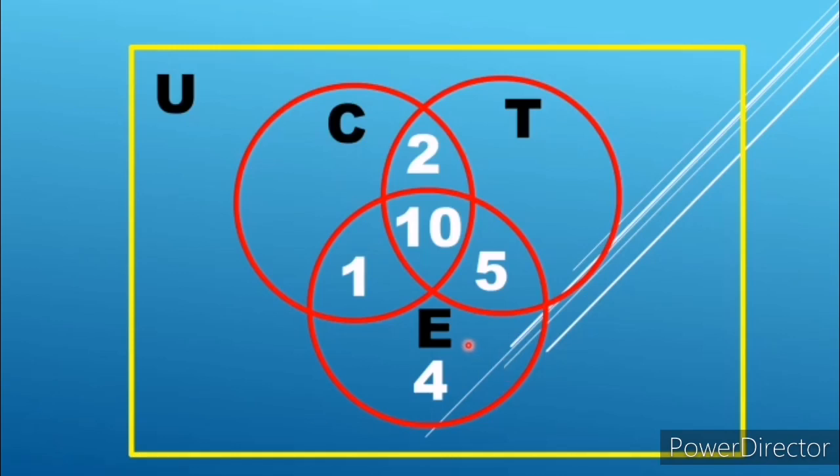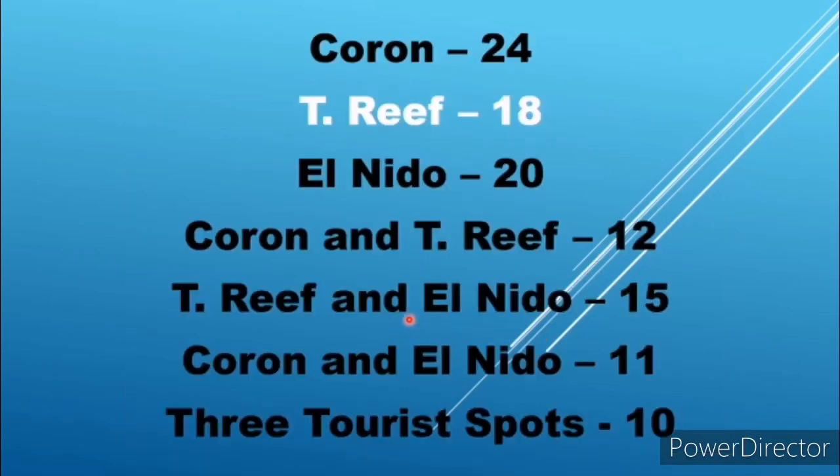Because since 20 yung nagpunta ng El Nido, we already have 1, 10 and 5, a total of 16. That means 20 minus 16 is 4 kasi 20 yung nagpunta. So 1 plus 10 plus 5 plus 4 is 20. So itong buo na to, ito yung mga nagpunta sa El Nido. So we have 20 students.